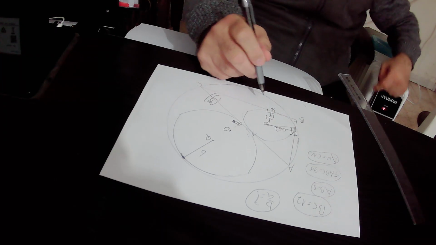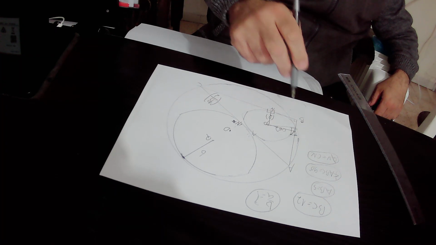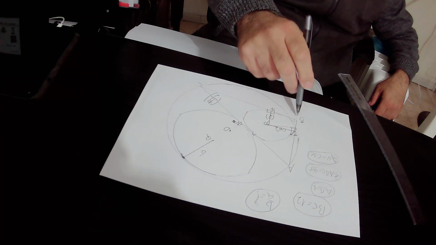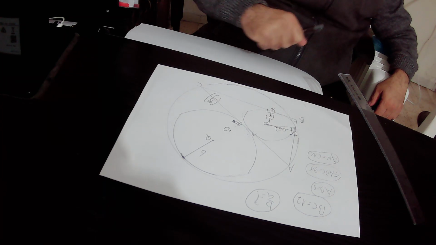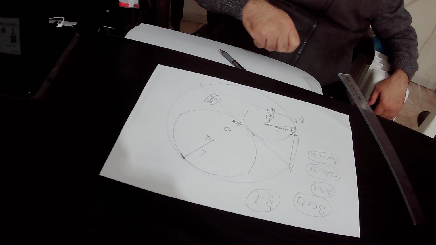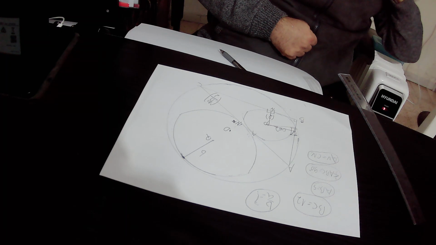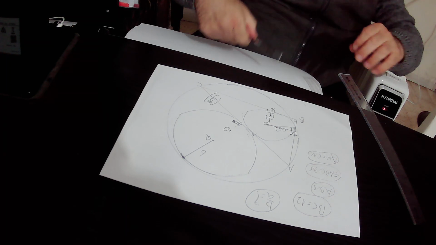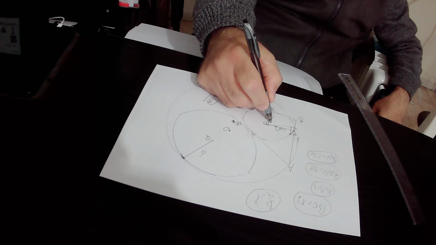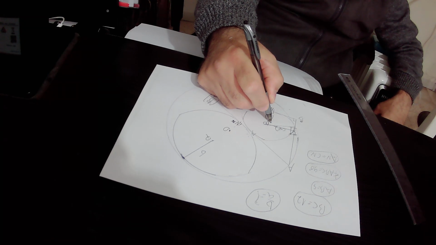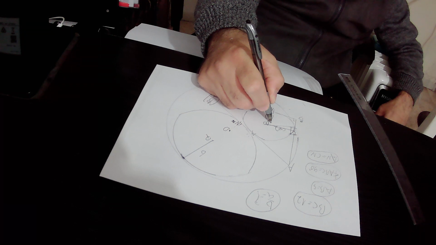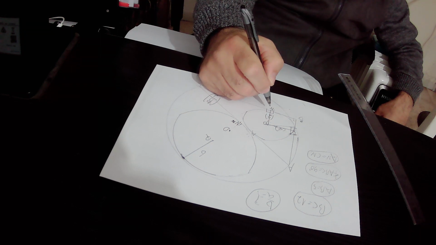So actually in quadrilateral TBNP we have 1, 2, 3 right angles. The sum of 3 right angles is 90 times 3, which is 270 degrees, plus the missing angle here. In total, the sum of those 4 angles must be equal to 360 degrees, according to the rule that the sum of the angles in any quadrilateral is equal to 360 degrees.